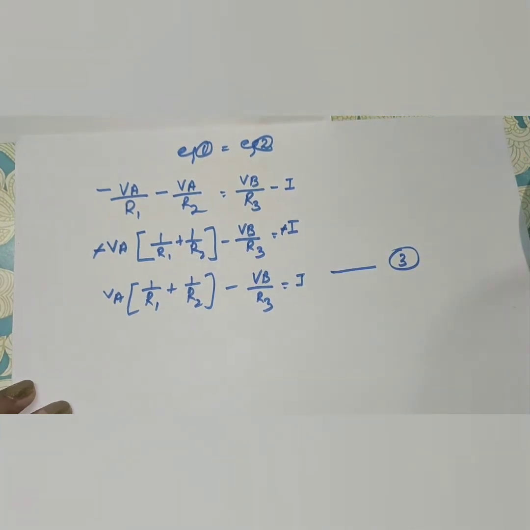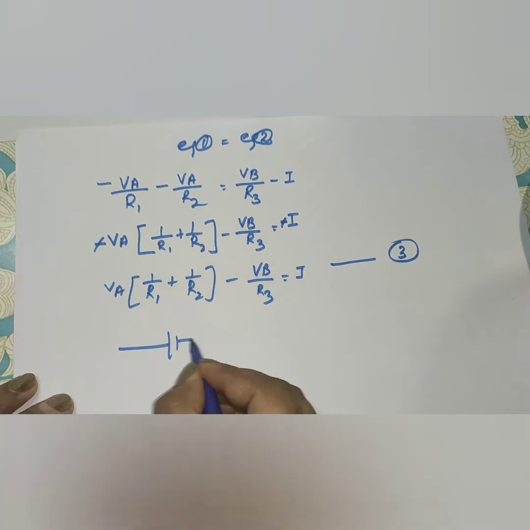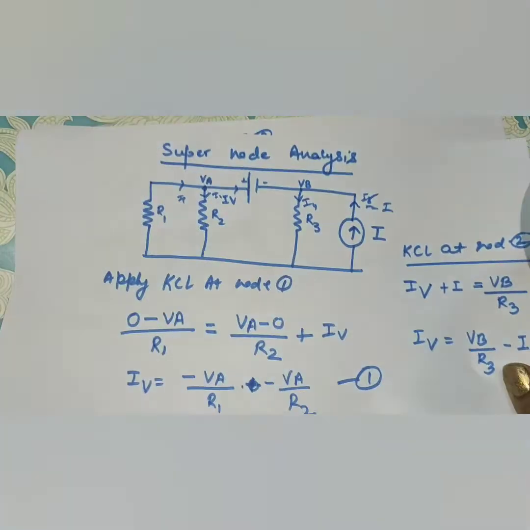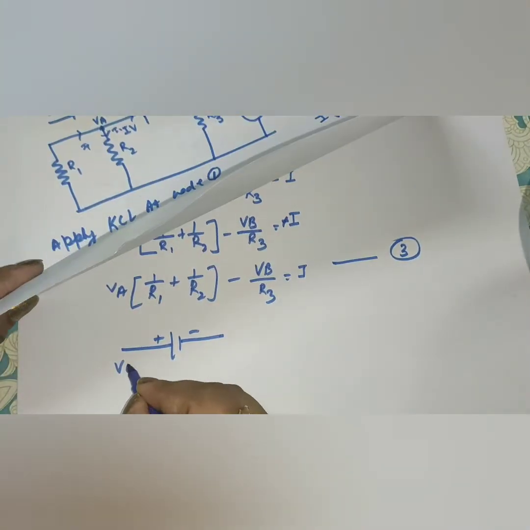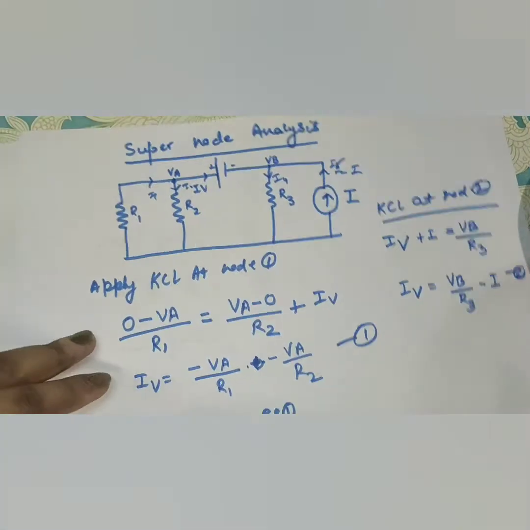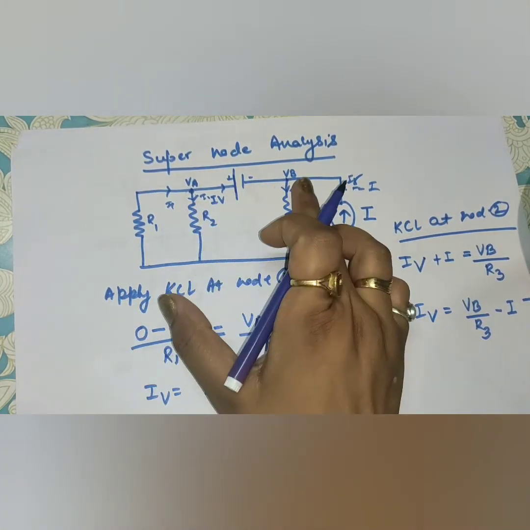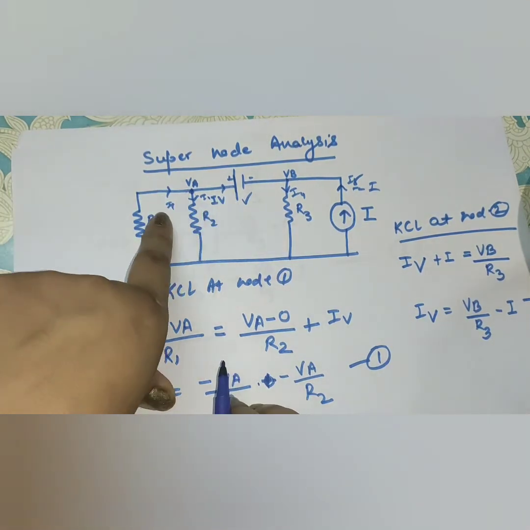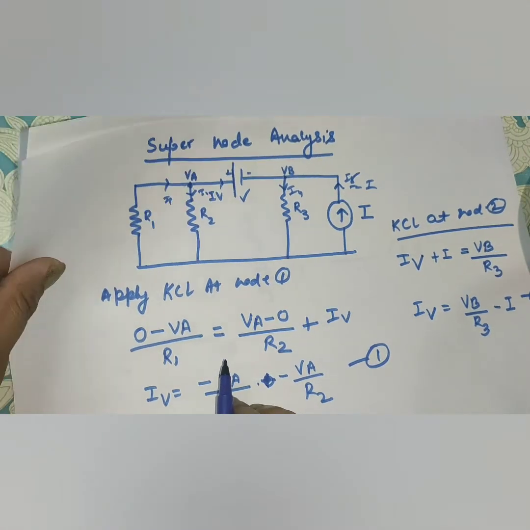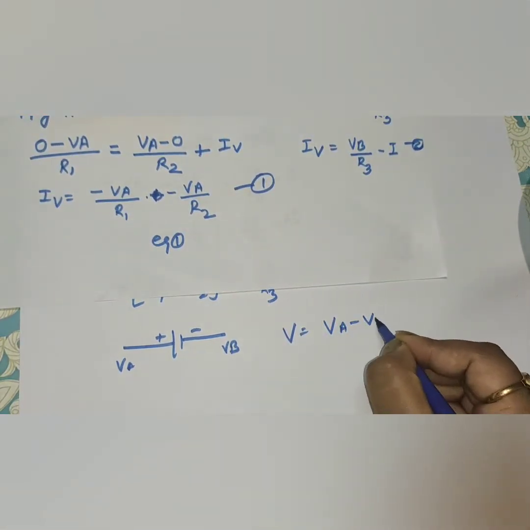Now check the potential difference between VA and VB. The potential difference between A and B will be VA minus VB equal to V, because this is the direction. So V equal to VA minus VB.